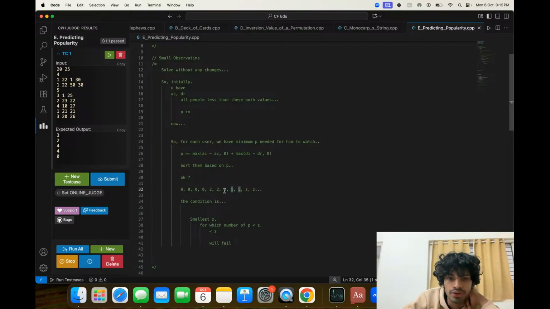Something comes forward, something the P goes somewhere else. Still, we should be able to find the first smallest value that is occurring, for which less than things are smaller. So if this one goes, the number of things less than all these values will change by minus one, right?